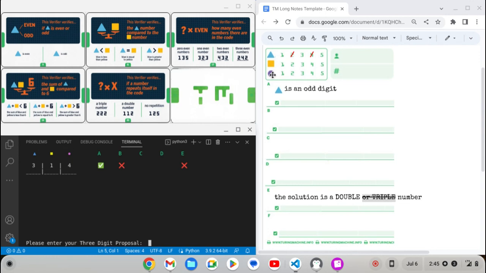So I don't see how circle has to be forced to be either whatever triangle is or square is. I've been saying odd, even, odd, but it could be even, even, odd. That's possible.